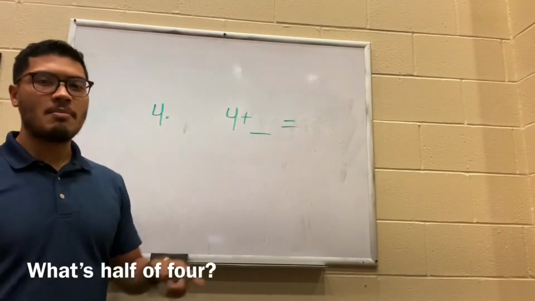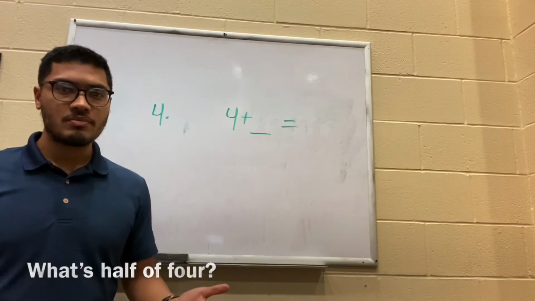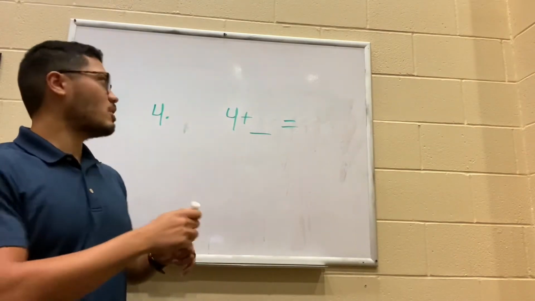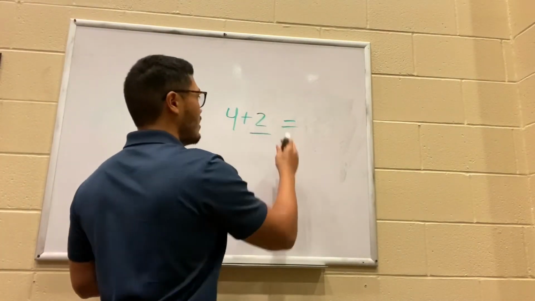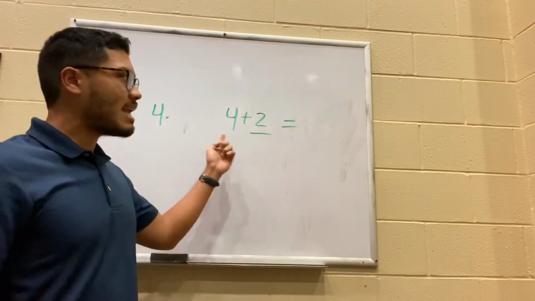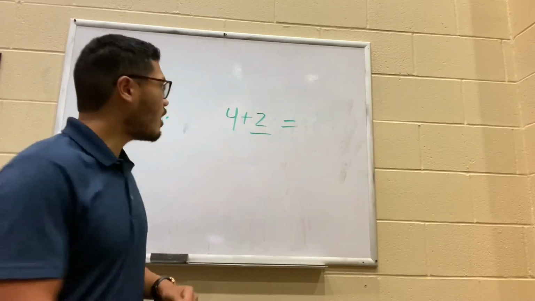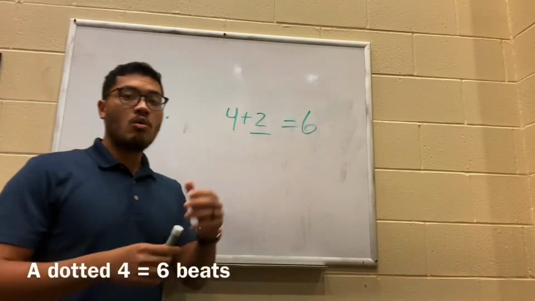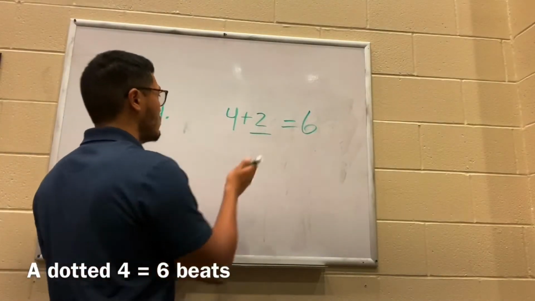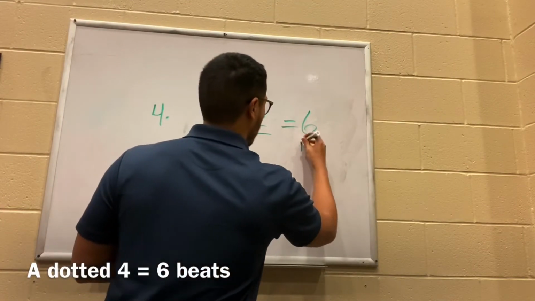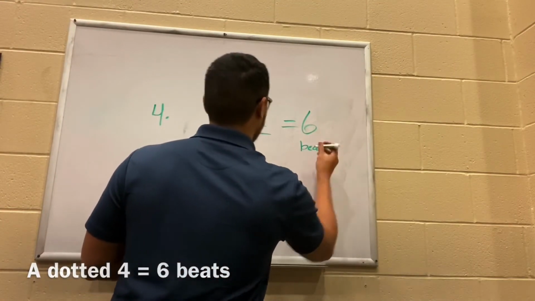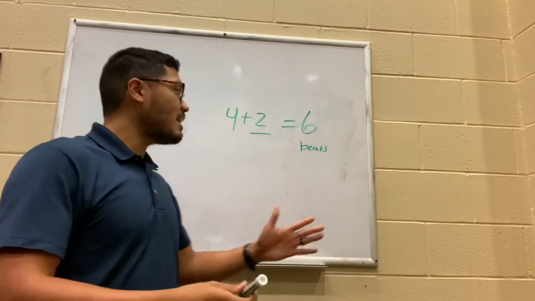So what's gonna be half of 4? 2, good, super easy. I'm gonna put a 2 right here. So what is that gonna equal? 4 plus 2? 6, awesome. So a dotted 4 would get 6 beats.